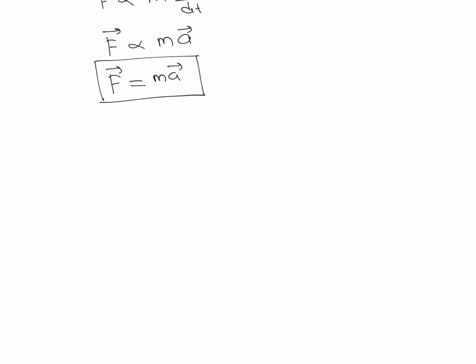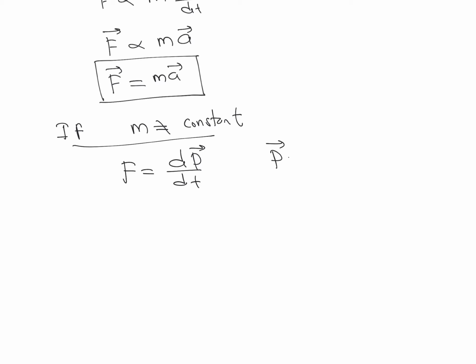Now consider a situation in which the mass is not a constant. How do we write the equation for force? Force is again directly proportional to the rate of change of momentum, dp divided by dt, and momentum is the product of mass into velocity.